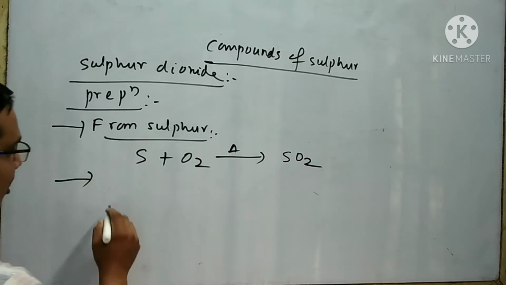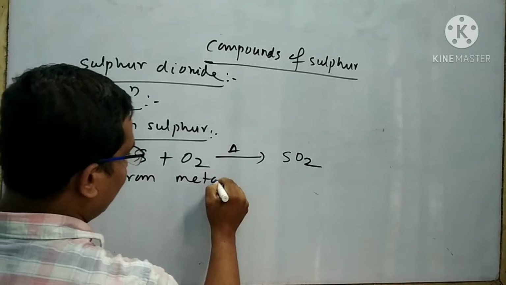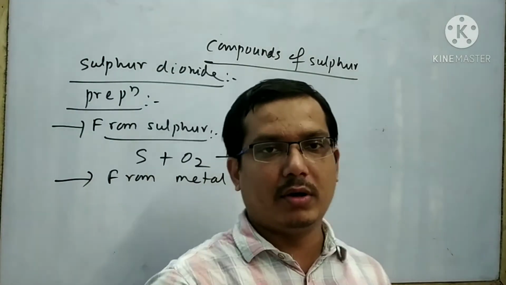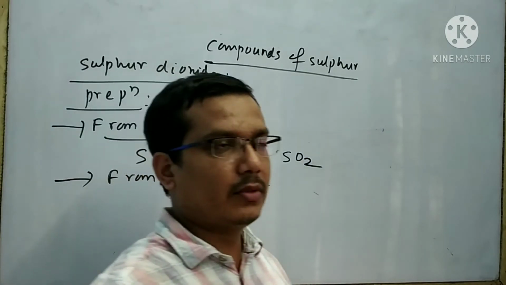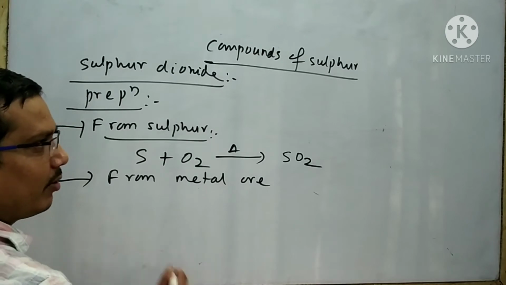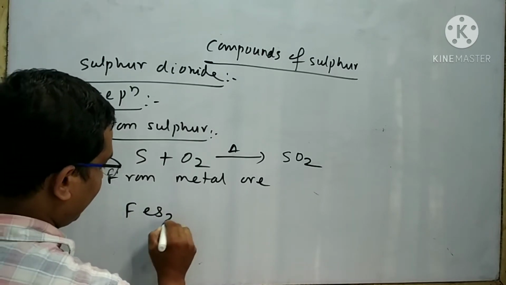Next method of preparation is from metal ore. The sulfide ore on roasting forms sulfur dioxide. Suppose I take a sulfide ore, iron pyrite, having formula FeS2.